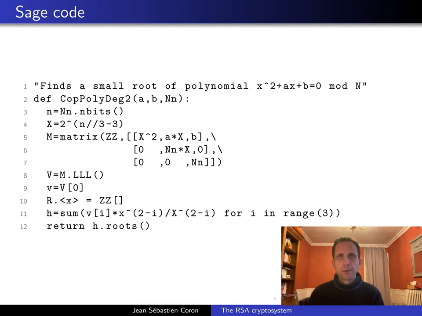Then we define the ring of polynomials over the integers, and the polynomial h with small coefficients that we were looking for is built from this first vector of the lattice. We have to divide by big X to the power of 2 minus i to remove the constant big X. And eventually we simply compute the roots of the polynomial h, because now these are roots over the integers, so we can apply the roots function.